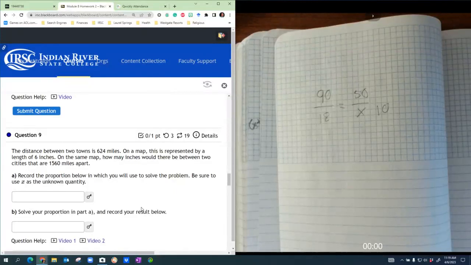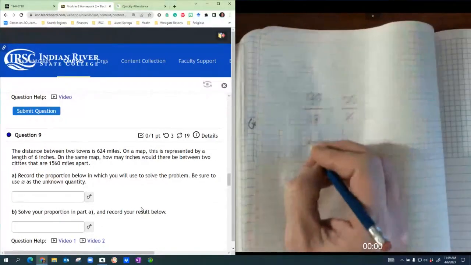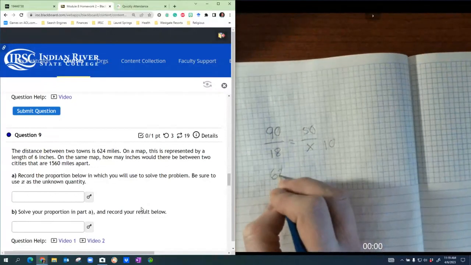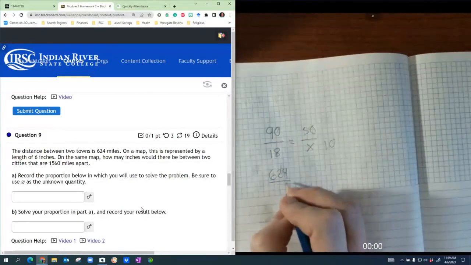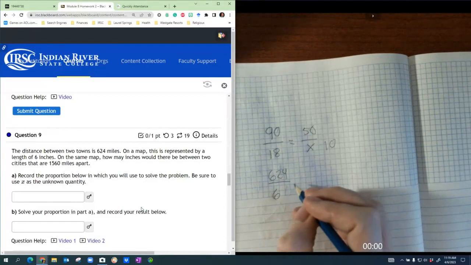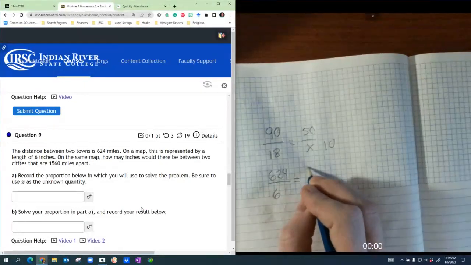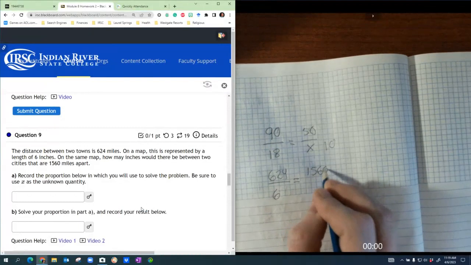So the distance between two towns, 624 miles, on a map is represented by 6 inches. So then we do 624 over 6 inches. And then we're looking at how many inches would represent the 1560.